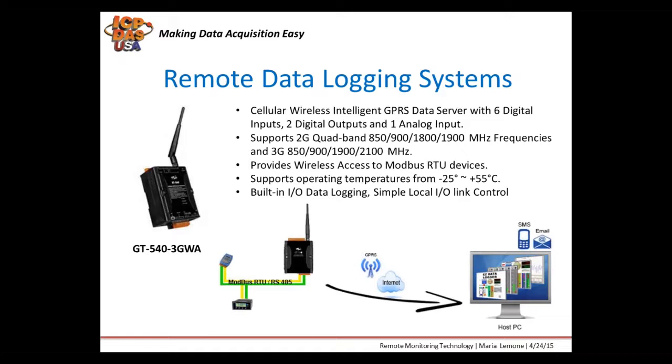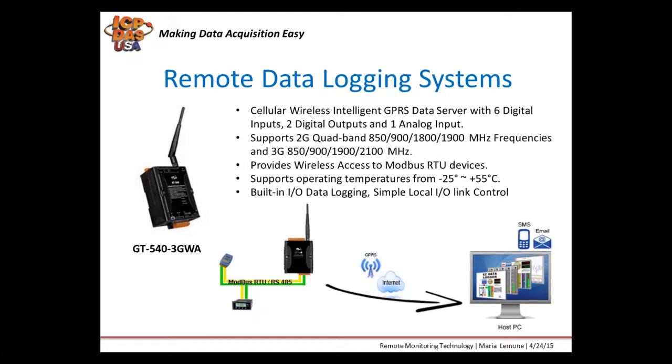The GT543GWA is an intelligent active 3G remote terminal unit. With the high-performance 32-bit CPU, GT543GWA is suited for the hard industrial environments that a lot of our customers require.